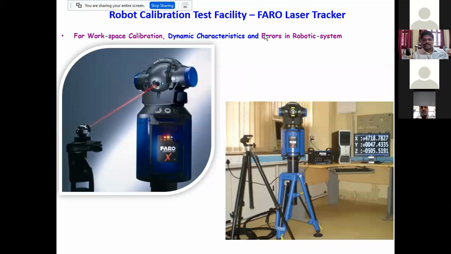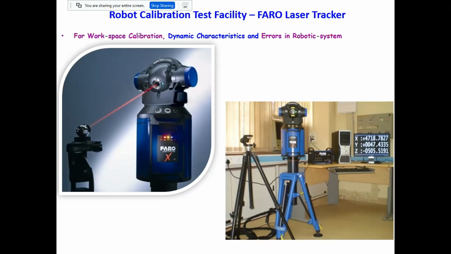Then one important facility available in IIT Madras is a robot calibration test facility, which is a FARO laser tracker, friends. This is a very expensive piece of equipment, about 80 lakhs. This is known as a FARO laser tracker, which will emit laser light, and this one will rotate in all directions. I will show you an animation also later.